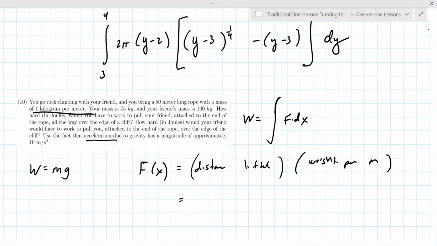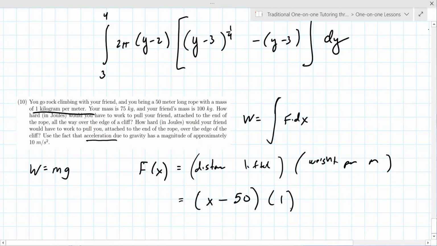Oh, it starts at 10, lifted 10 feet. So I believe it's x minus 50, and the weight per meter is that weight of the rope. But why? It's like your instructor's asking this relative to something else. Let me go search another thing here and see if I can give you some more information.